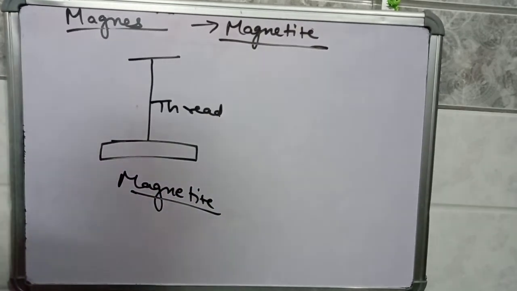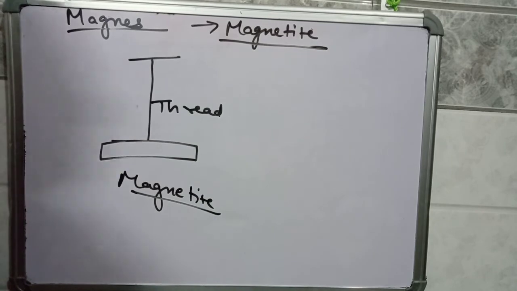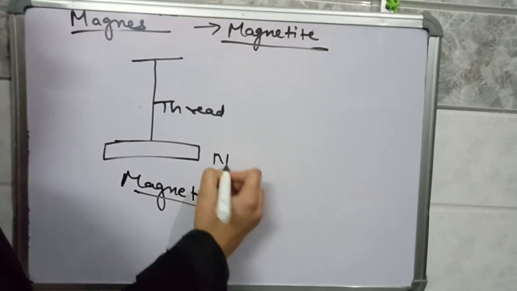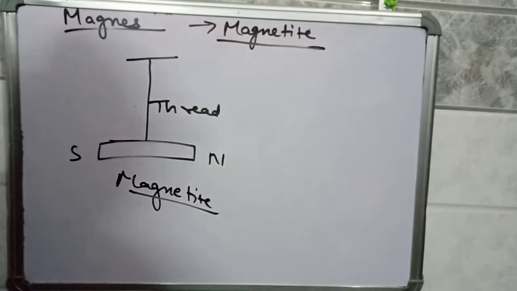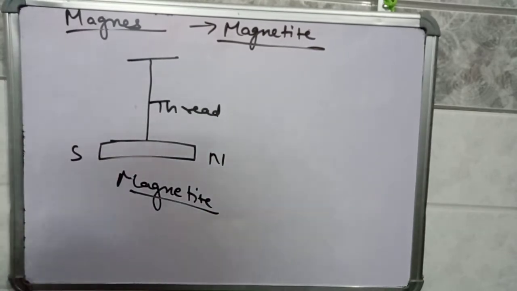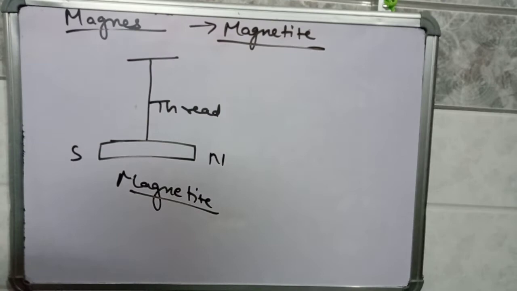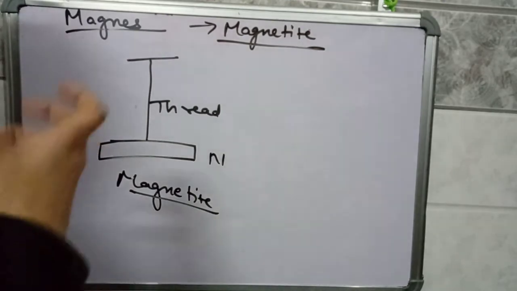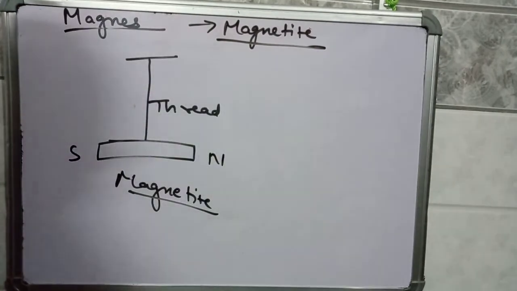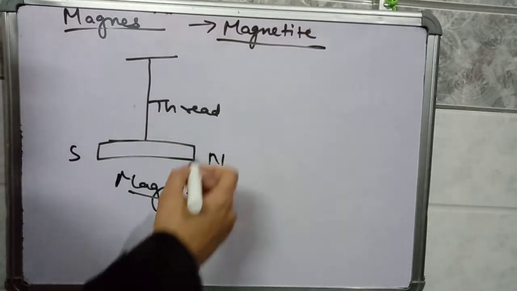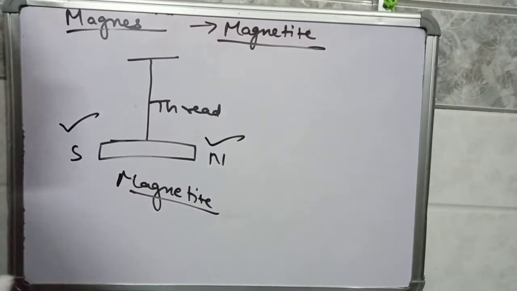We observe that this magnetite always points in the north-south direction. If you forcefully change its direction, it will automatically come back and always point towards the north-south direction of the earth.